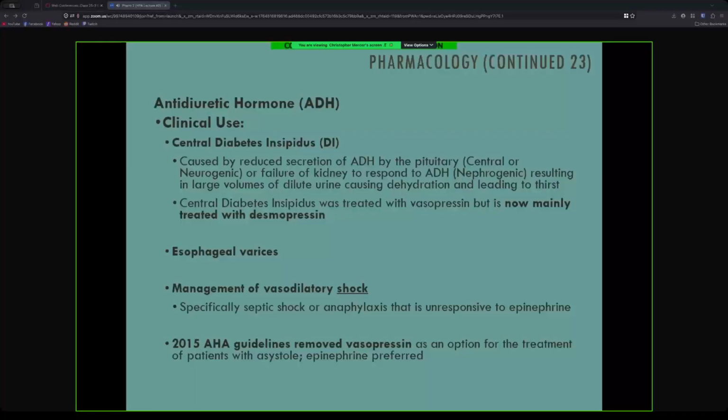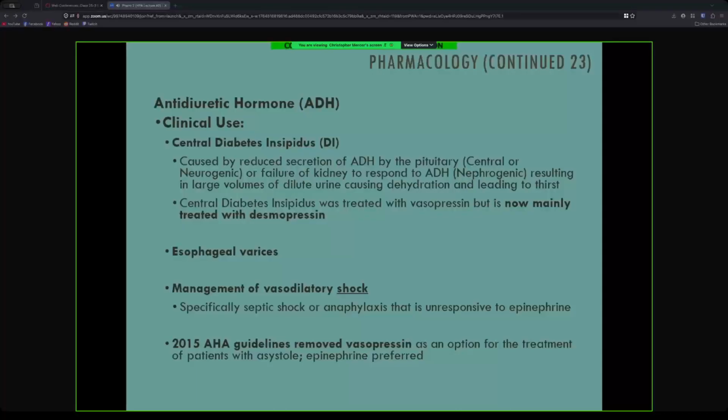We used to treat central DI with vasopressin, like I said on the last slide, but now we use an upcoming agent we're going to discuss, desmopressin, because of its more favorable selectivity, not having that V1 alpha activity on the vessels as much as vasopressin.